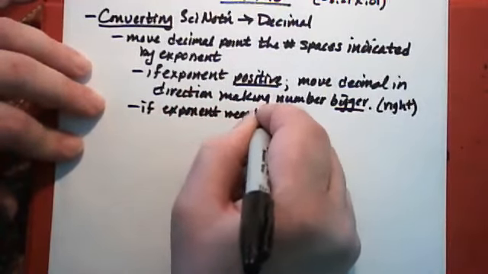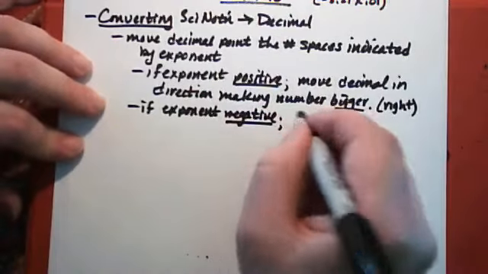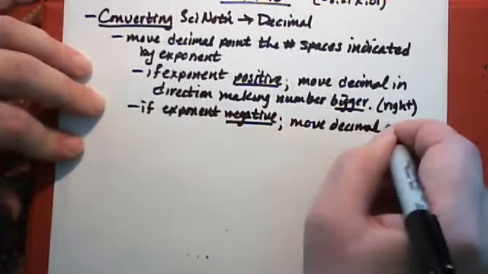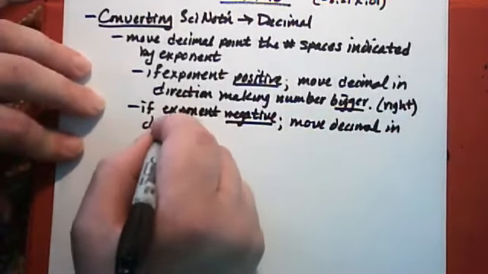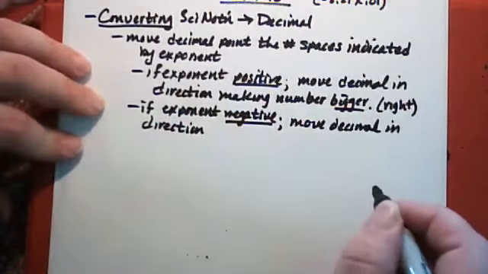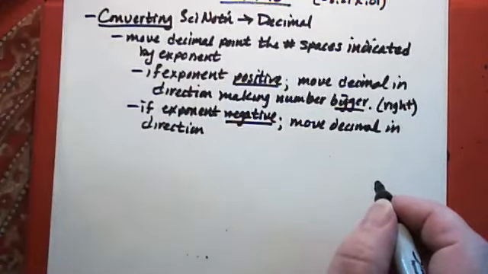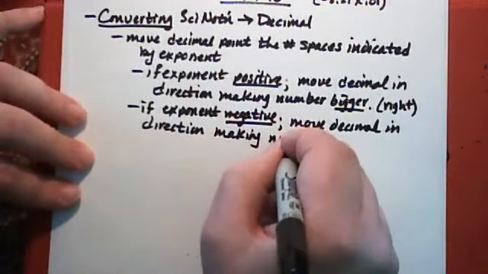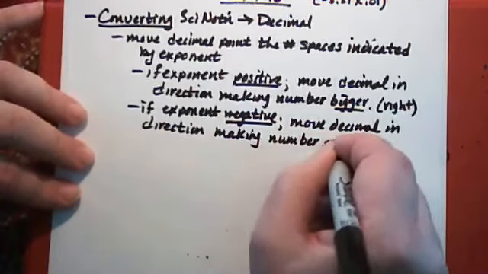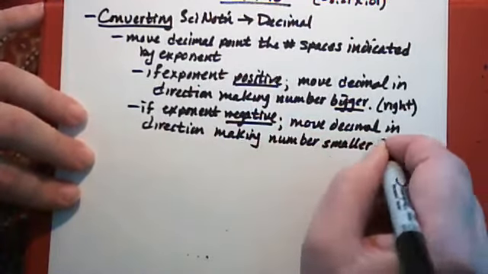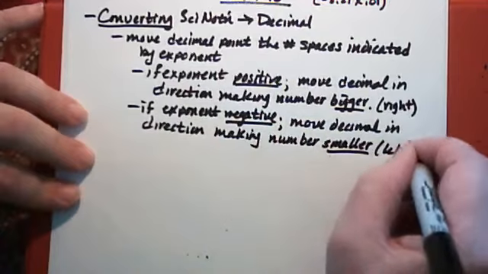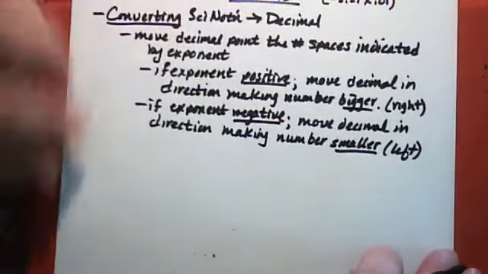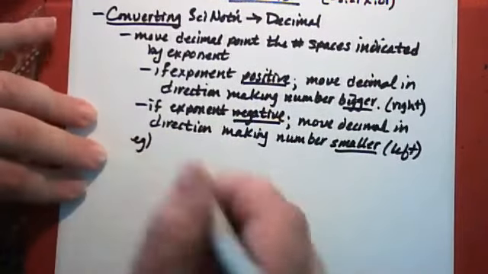On the other hand, if the exponent is negative, then you want to move the decimal in the direction making the number smaller. And that is left. Okay, so we can look at an example.